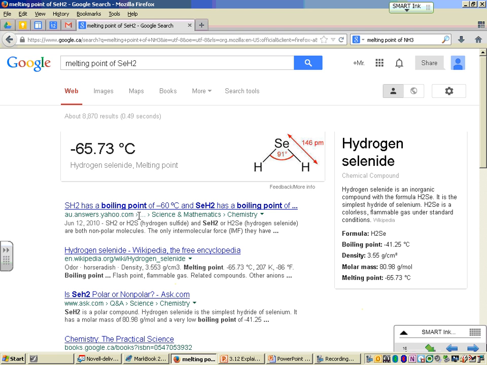So SeH2, its melting point is negative 65.73.